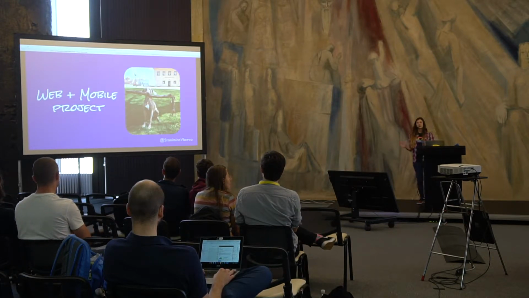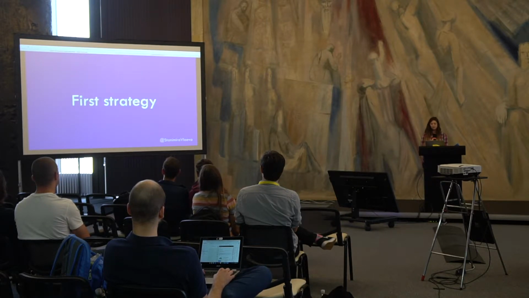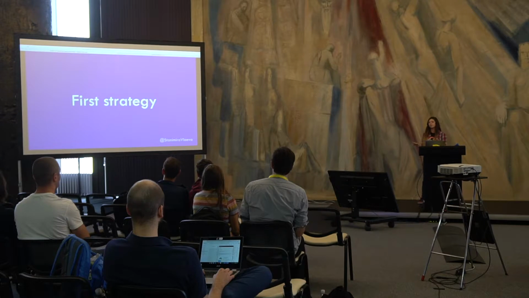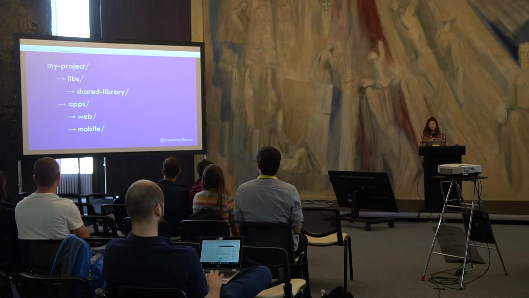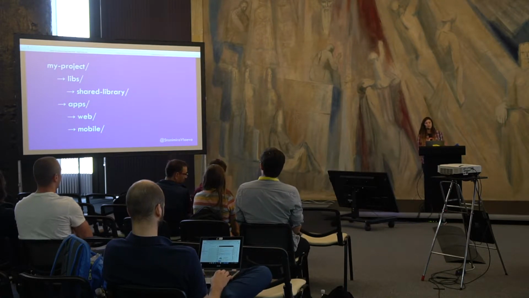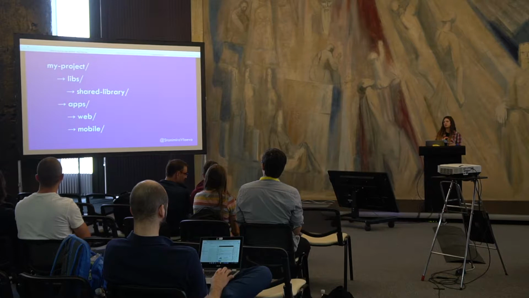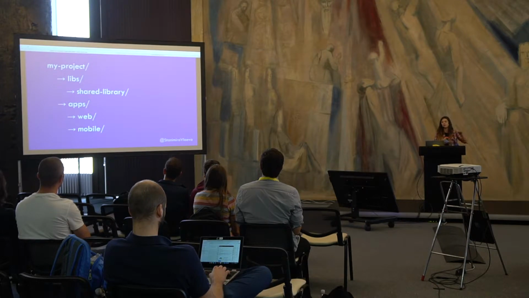So how does a web and mobile project look like? We actually have a couple of strategies that we recommend to the people. The first one is to have your project and have a libs directory which contains all the shared functionalities. So basically you're extracting your business logic in some shared library.